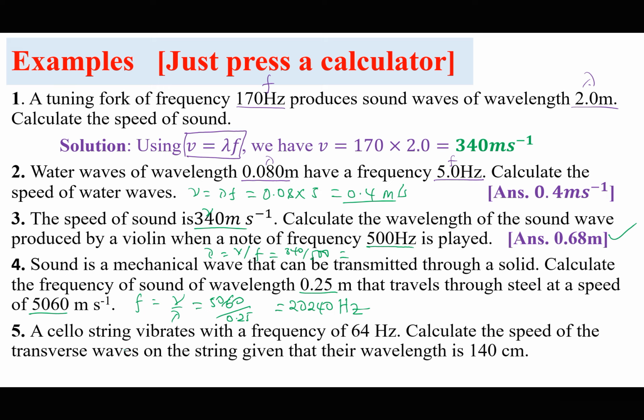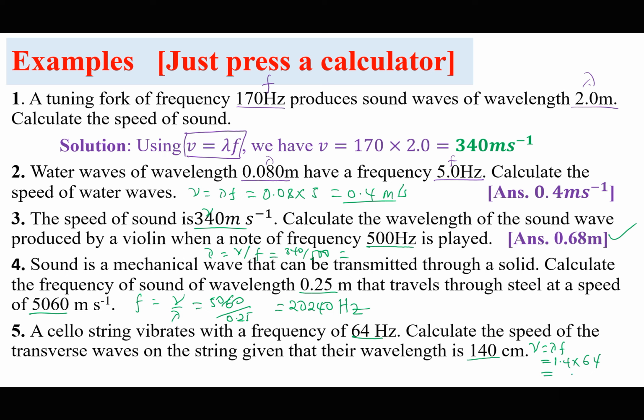A cello string vibrates with a frequency of 64 hertz. Calculate the speed of the transverse wave on the string if its wavelength is 140 centimeters. So v is going to be equal to lambda times f. Because frequency is in hertz, I'll change this to meters. 140 divided by 100, so this is 1.4 times 64.